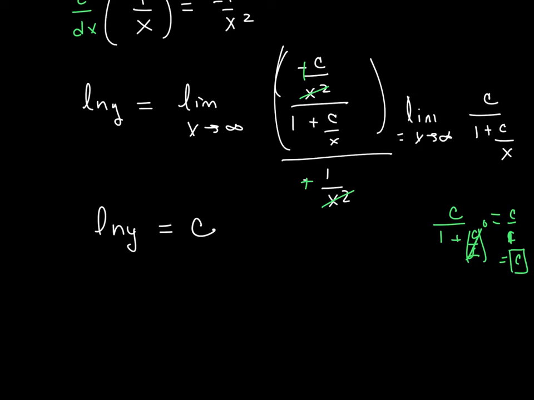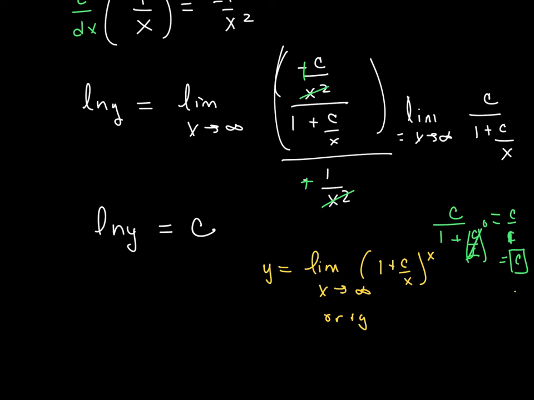As a reminder, what we're trying to do is get y all by itself. What we started with originally was the fact that we want to let y equal the limit as x approaches infinity of 1 plus c over x raised to the x. This was our original question.